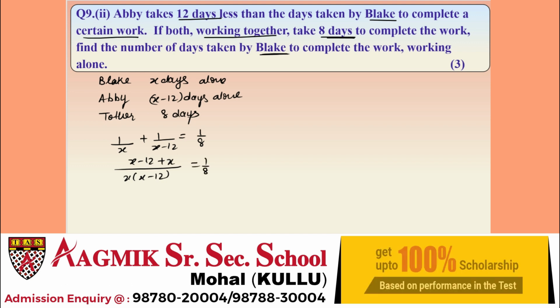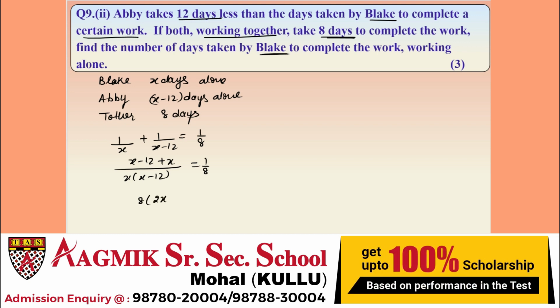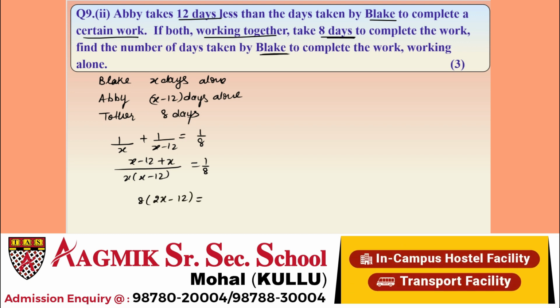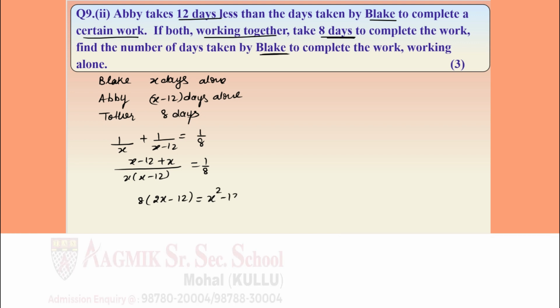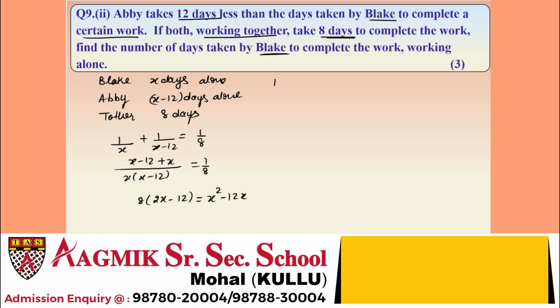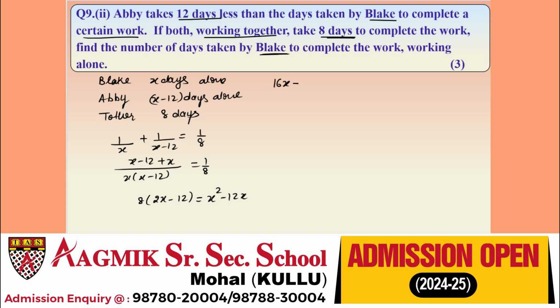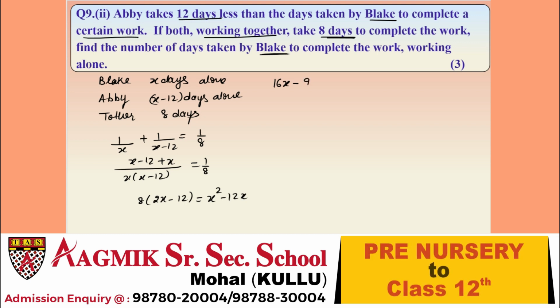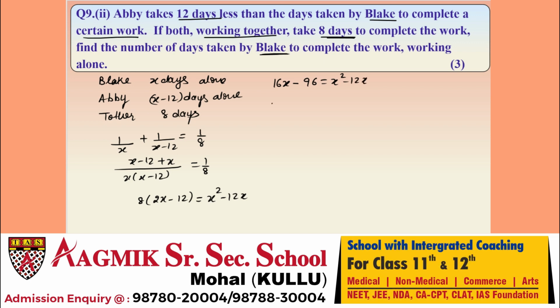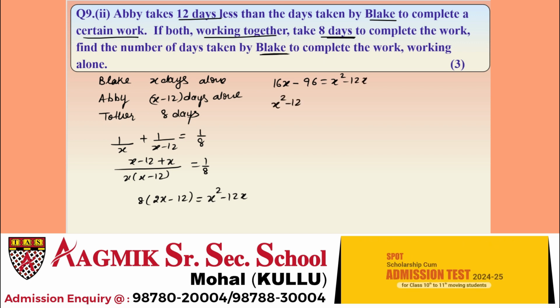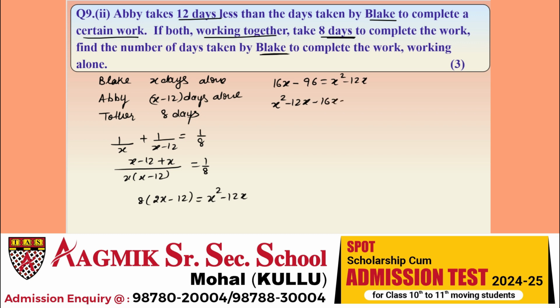That means we get 8 times (2x minus 12) is equal to x square minus 12x. So that means we have 16x minus 96 equal to x square minus 12x. So the quadratic equation formed is x square minus 12x minus 16x plus 96 is equal to 0.